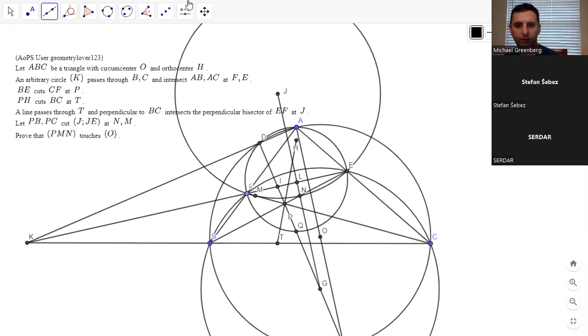So showing that PMDN is cyclic is equivalent to showing DINE is cyclic. Is there some kind of angle chase?